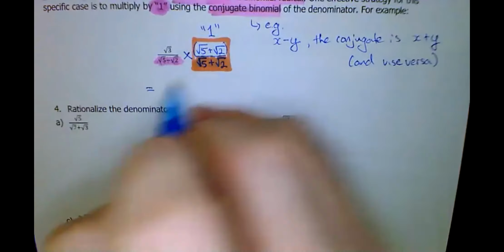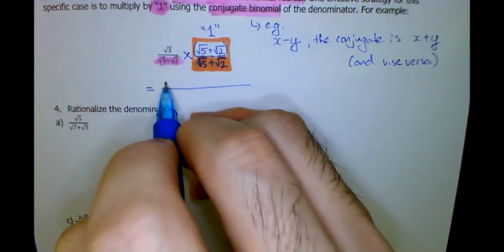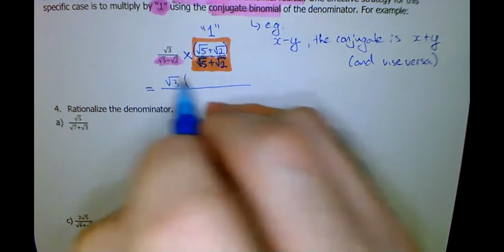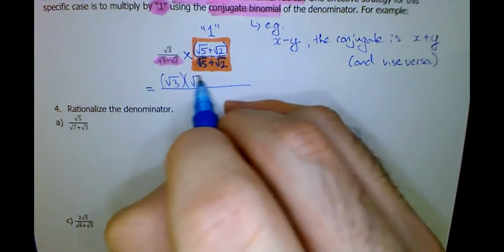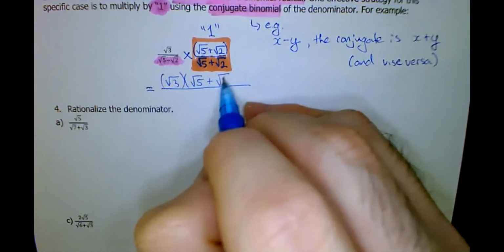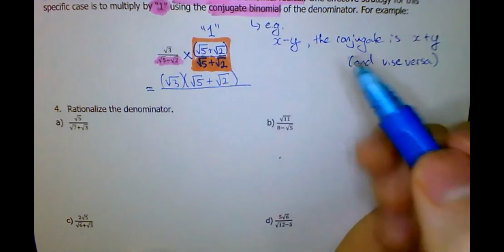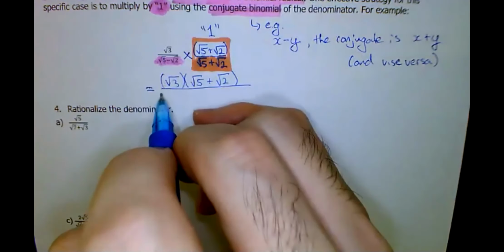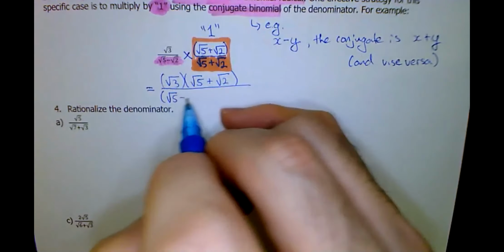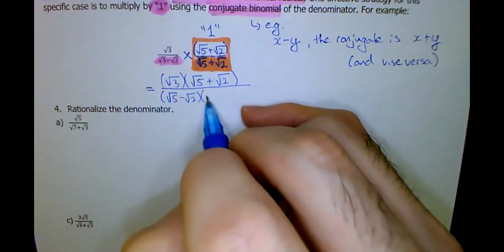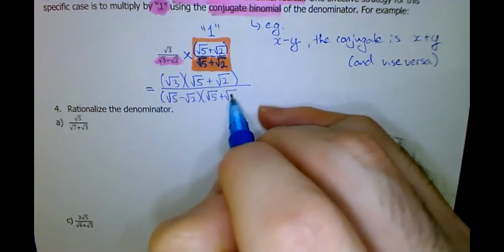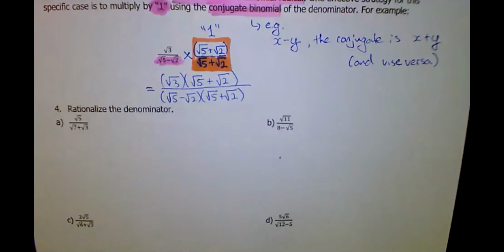This is what happens. By distributive property, the numerator is root 3 multiplied with root 5 plus root 2. And the denominator is root 5 minus root 2 times root 5 plus root 2. Color coordinate that.